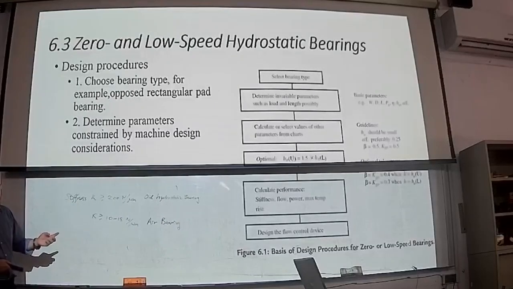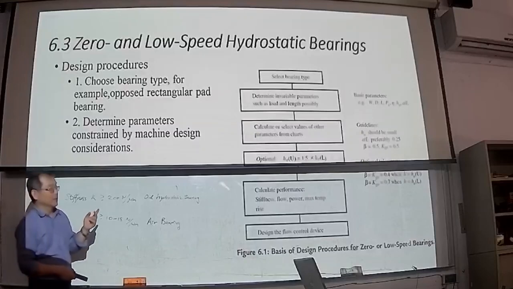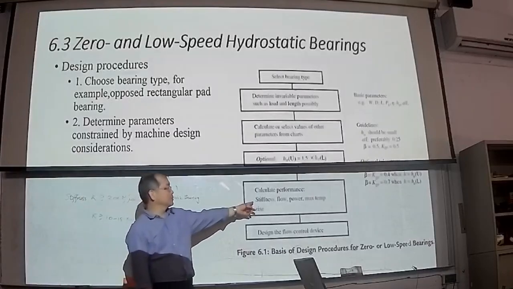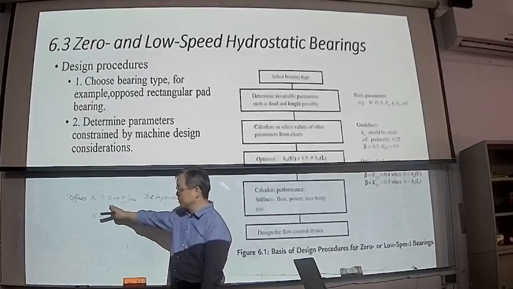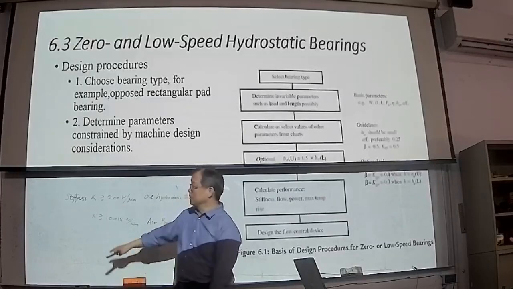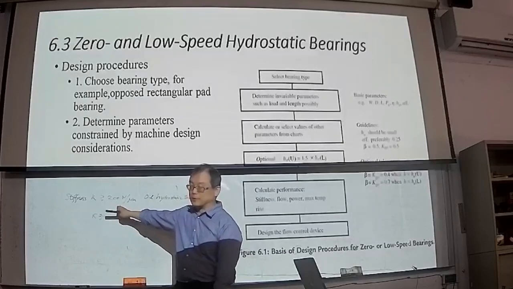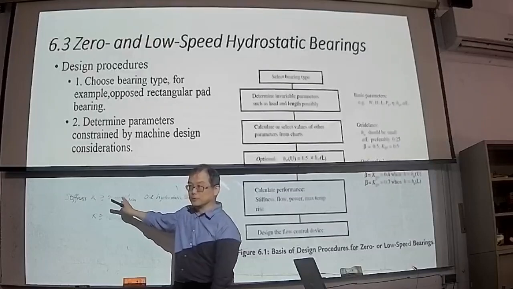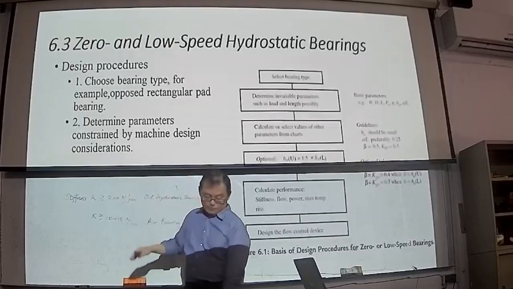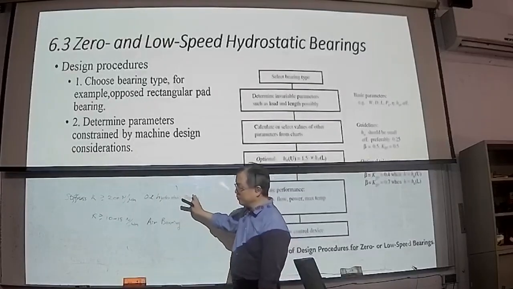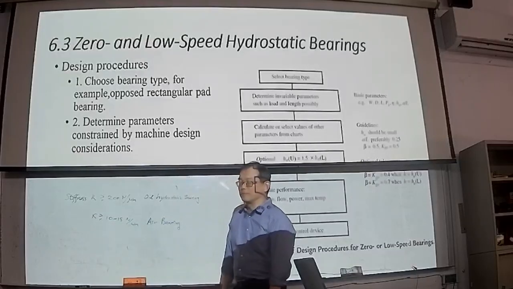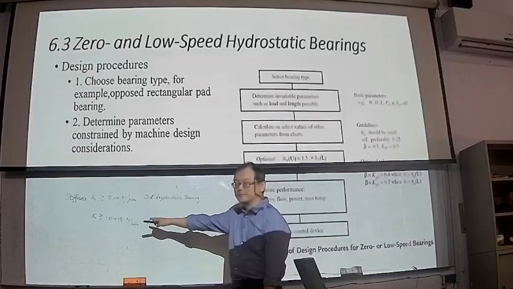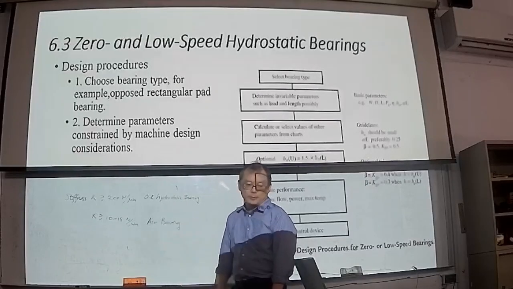So for most of your applications, you need to check the performance, especially for the cutting machine tool application. The stiffness for your hydrostatic bearing should be higher than 200 newtons per micron for the oil hydrostatic bearing. For the air bearing, at least you need to have a stiffness bigger than 10 newtons per micron.